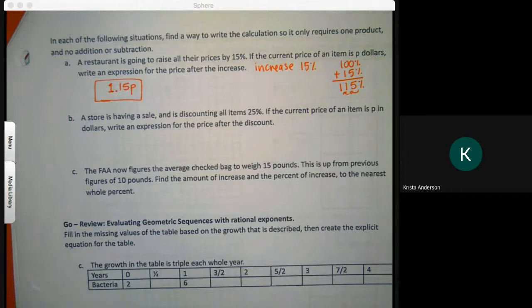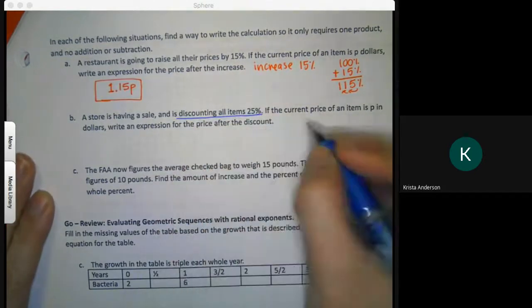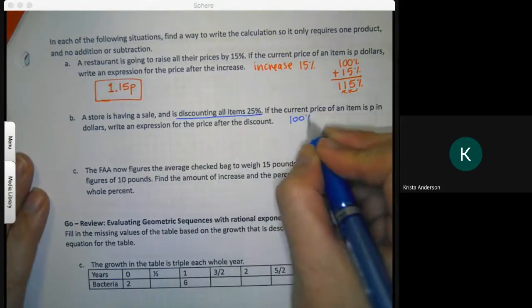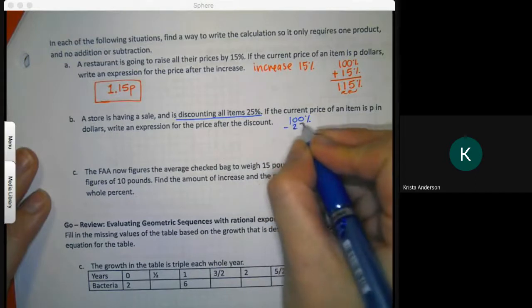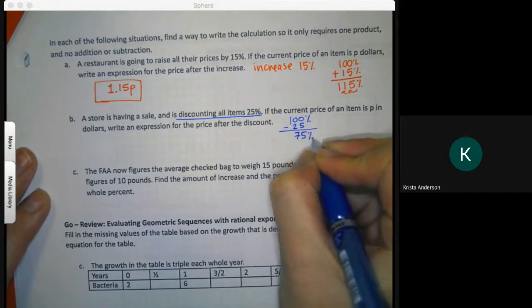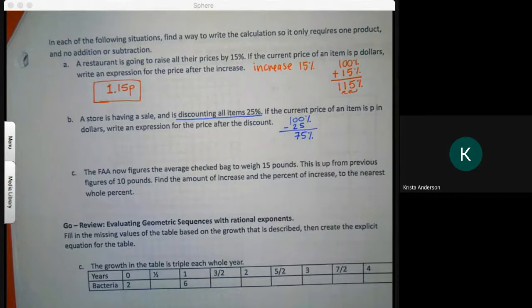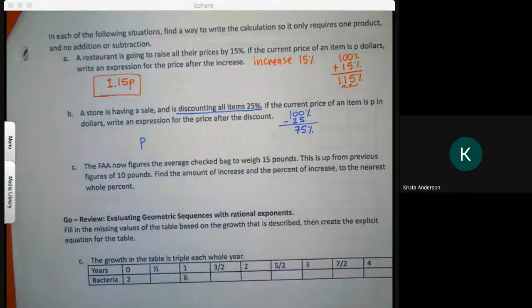Let's try B. A store is having a sale, which is discounting all items 25%. What will happen if you discount from 100%? Would I be adding the 25 or subtracting? Discount means I subtract 25, which means I will be paying 75% of the price. Does anybody know what needs to go in front of the letter P?